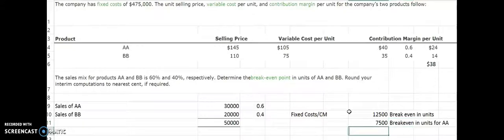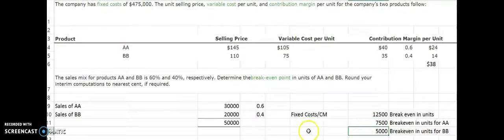And then we're going to take that same 12,500 times 40%, and that will represent our break even in units for BB. So the total break even is 12,500. Then we multiply that by 60% to find out that break even in units is 7,500 and break even in units for BB is 5,000.